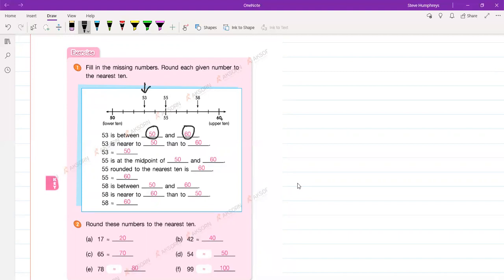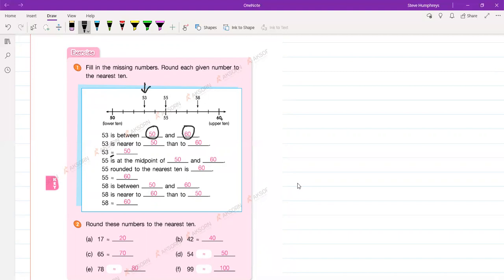53 is nearer to, is it nearer to 50 or 60? 53 rounded to the nearest 10 is, write it on the line.